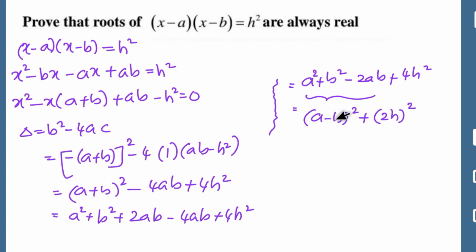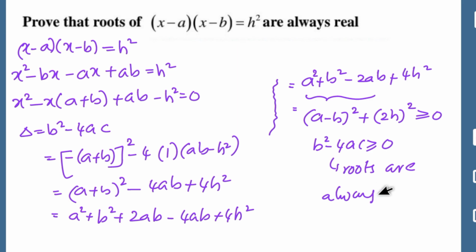So a square number, a minus b whole square, 2h whole square always gives positive. That means it is greater than or equal to 0. It is greater than or equal to 0 means b square minus 4ac is greater than or equal to 0. If it is greater than or equal to 0, therefore roots are always real. Why? Delta greater than or equals to 0.